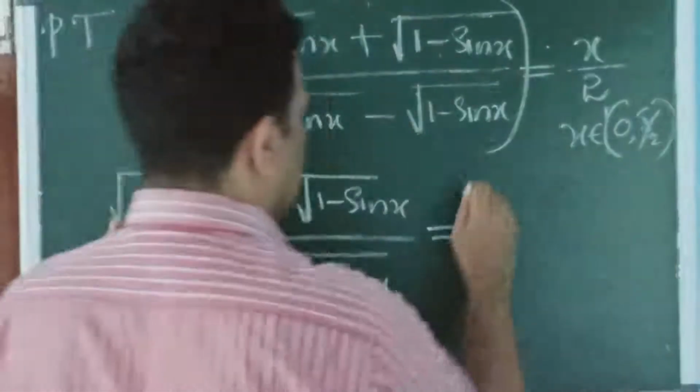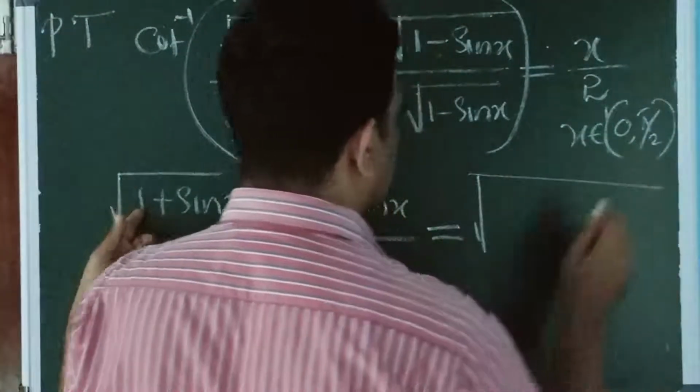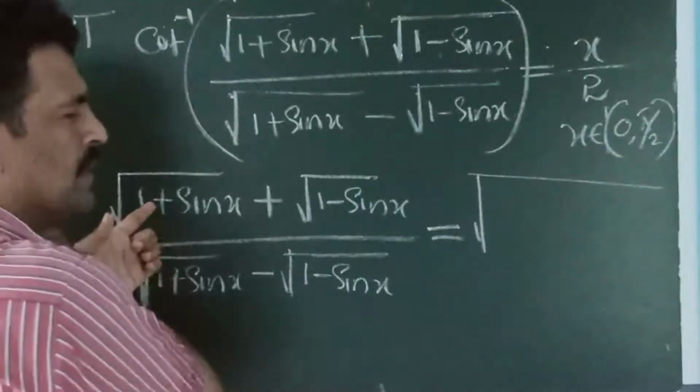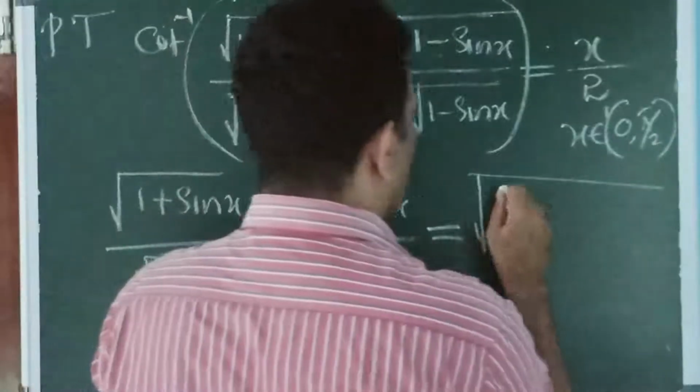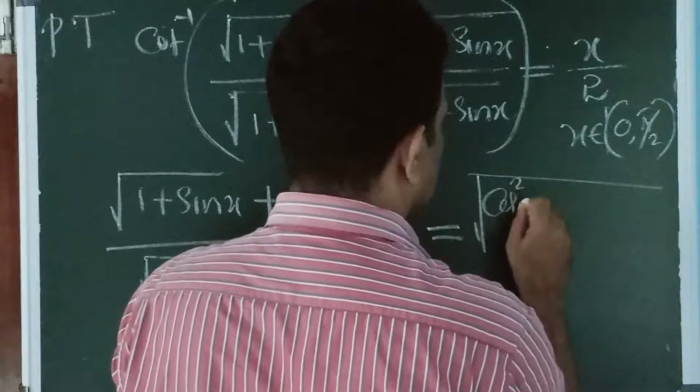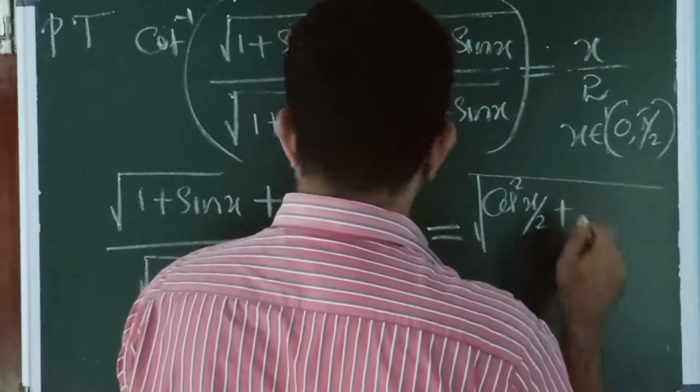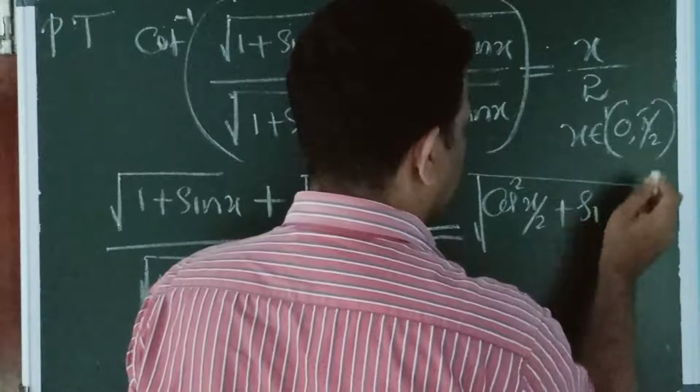We can write one as sin square theta plus cos square theta. Here I am writing one as cos square x by 2 plus sin square x by 2.